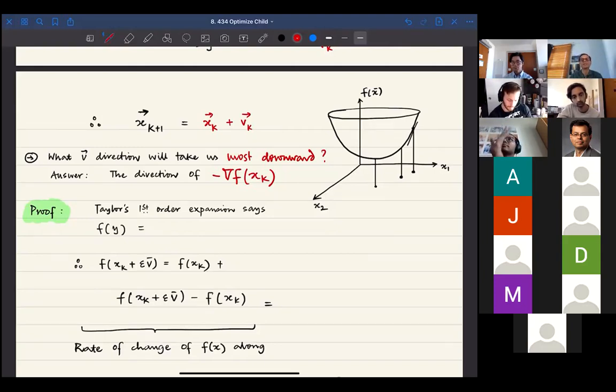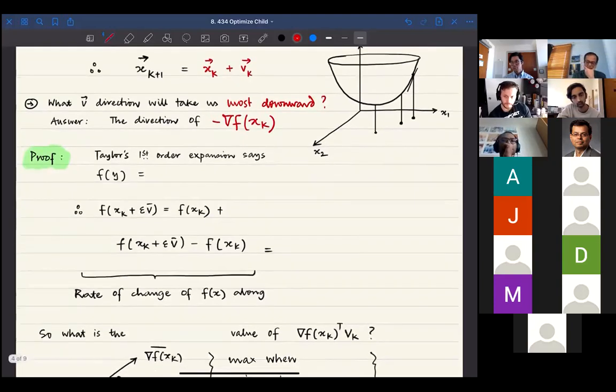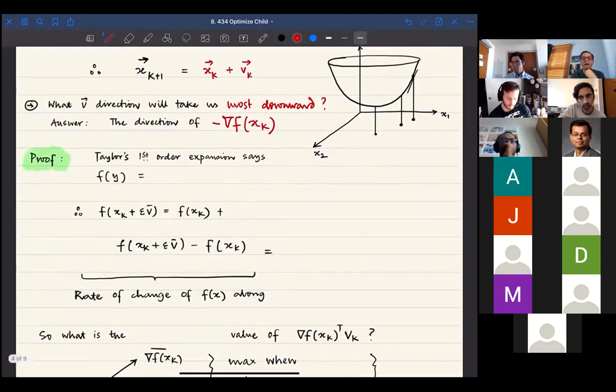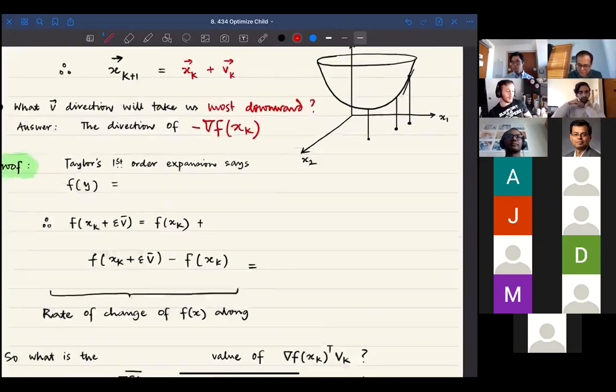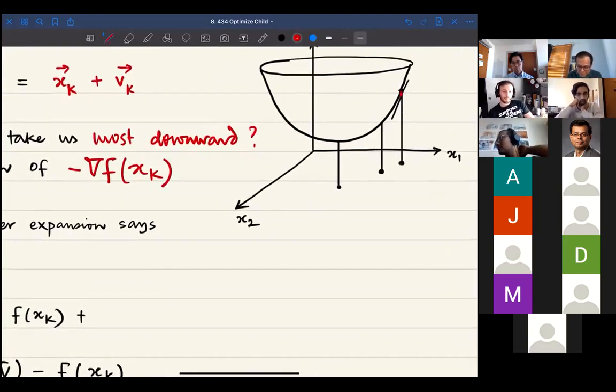Okay, let's prove that. Let's prove why it is in the negative direction of the gradient at that point xk. Note that this is xk, this is f xk, and grad f xk is basically this direction.